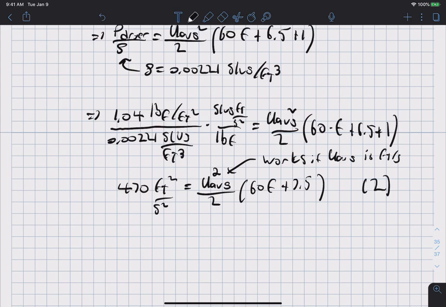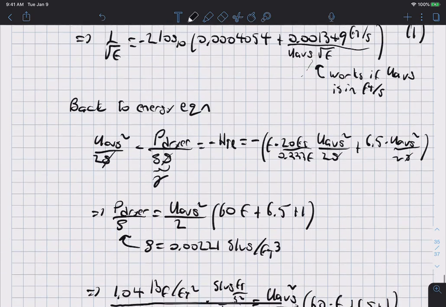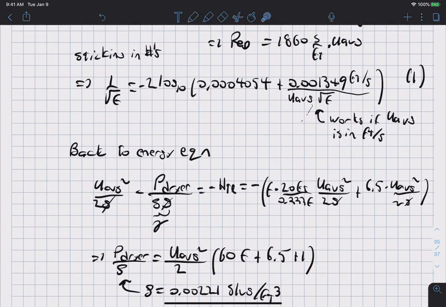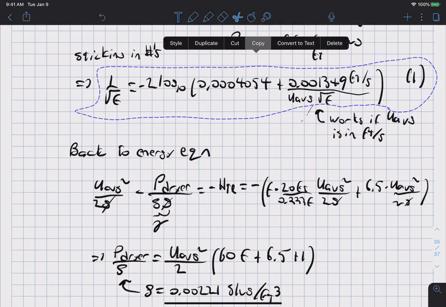So just like the previous example problem, we now have 2 equations, 2 variables, and so I will take the first equation for the sake of completeness and just copy that down.